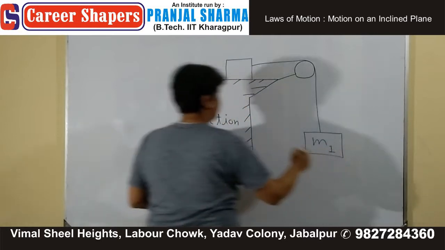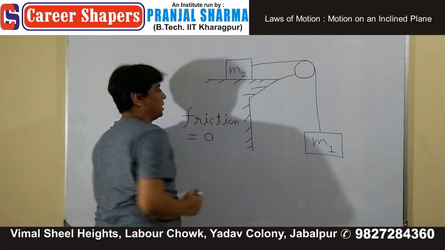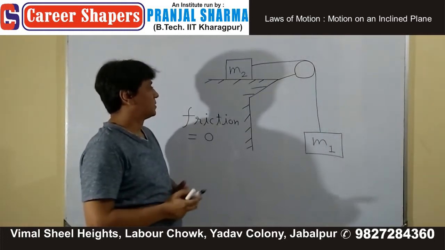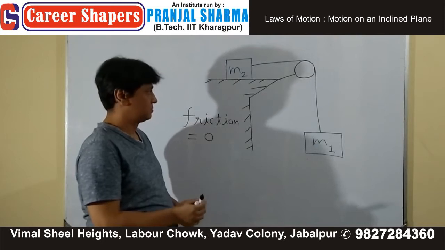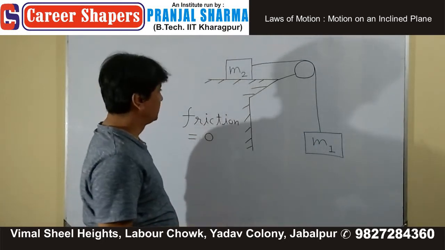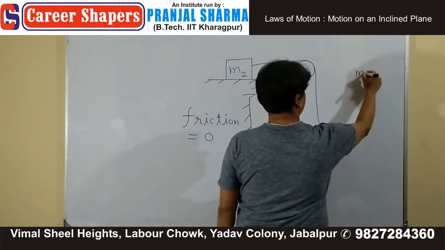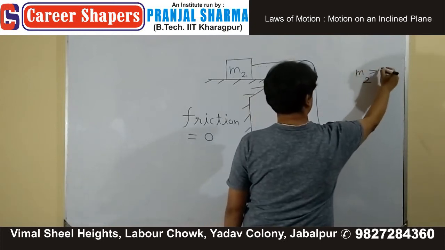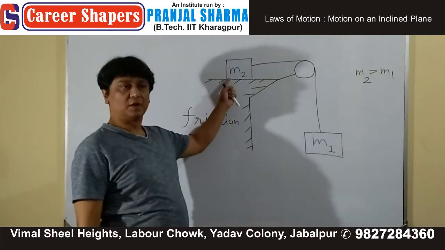Two blocks of M1 and M2 are arranged in this form, and it's given that M2 is greater than M1. This is heavy.